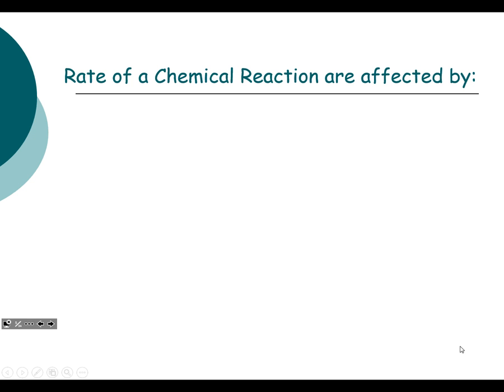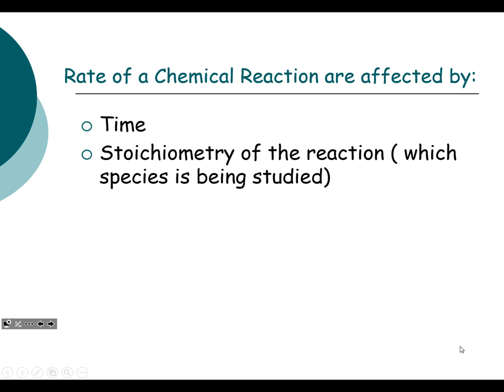They are affected by time, and they're also affected by the stoichiometry of the reaction, which species is being studied. Going back to that first example that I did, everything had a different rate of either consumption or production, and that goes back to the stoichiometry, where we use that balanced equation to see in what ratio things were produced and consumed.